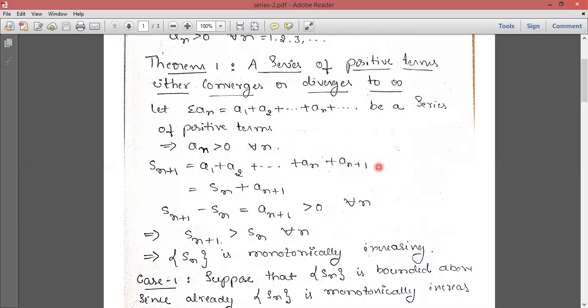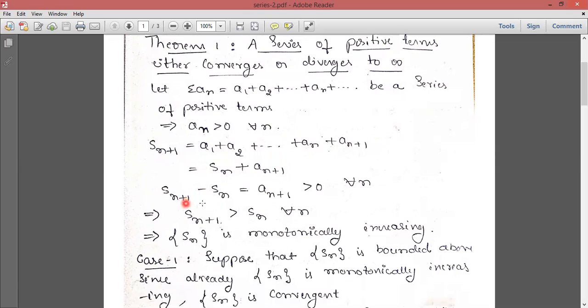So RHS can be rewritten as Sn plus an plus 1. That is Sn plus 1 is equal to Sn plus an plus 1. Now take Sn to left side. What we get? Sn plus 1 minus Sn is equal to an plus 1, which is greater than 0.